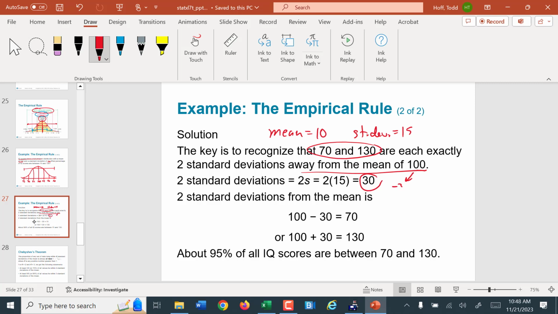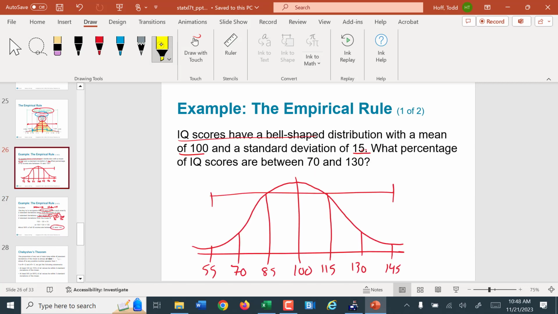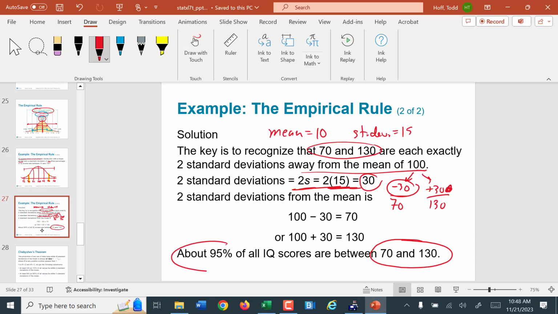It's minus 30 to get 70, and plus 30 to get 130. 30 is 2 standard deviations, 2 15s. So that means we are 2 standard deviations on each side of the mean. 2 standard deviations means that we would expect 95% of the scores to be in that range.